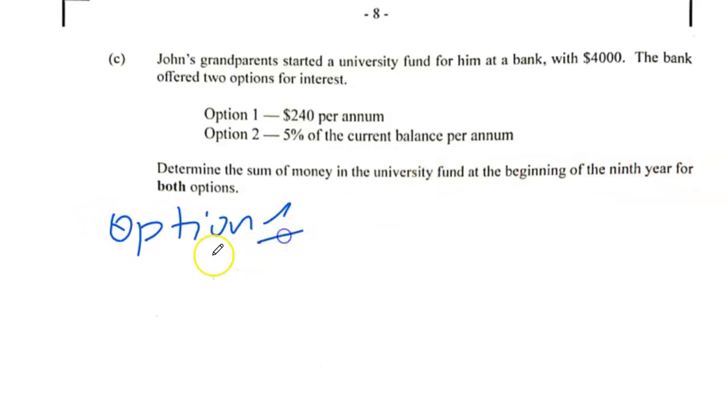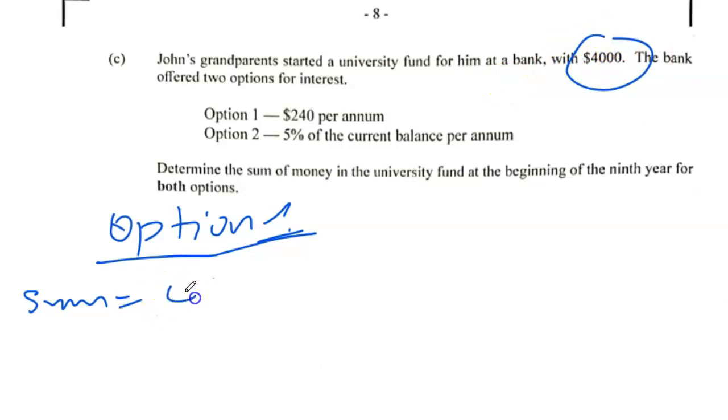So option 1, the sum of money. Of course, it started with 4,000, and each year thereafter, interest of $240 per annum was paid, and at the beginning of the 9th year, none would be paid in the 9th year since it's just at the start.